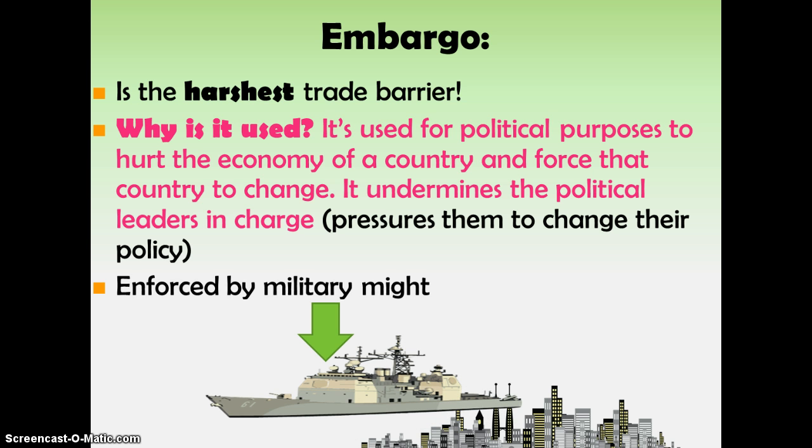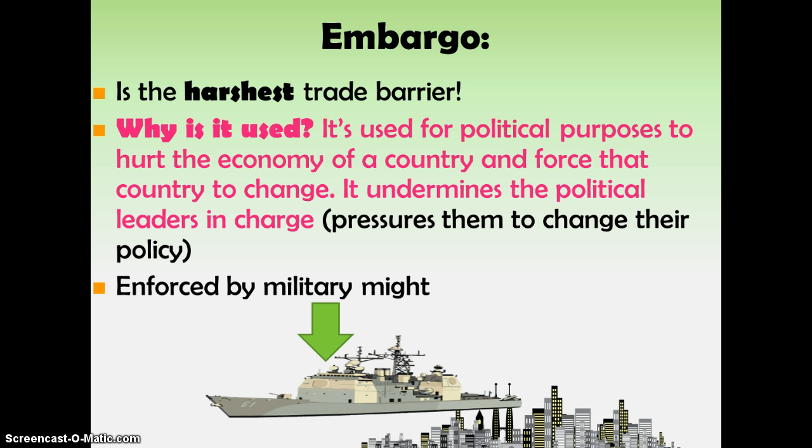Let me give you an example. In South Africa, there was a policy that was very discriminatory against minorities. The world got together and said, South Africa, we don't like your policies. We are going to place an embargo on your country. Well, what happens is the leaders are pressured because their economy starts to go down.